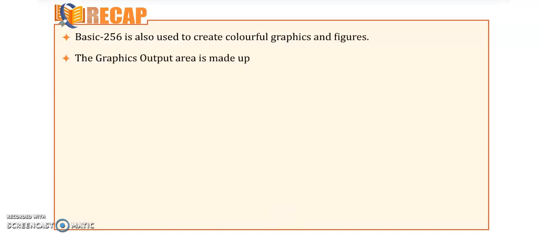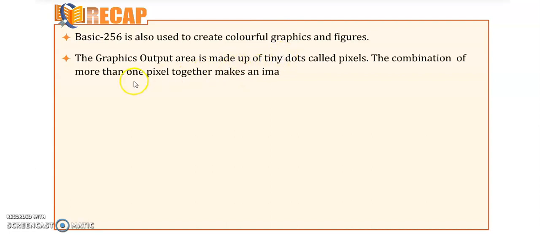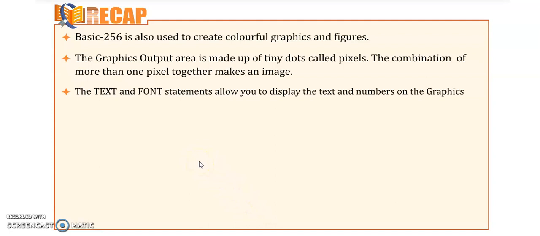So now we have done this chapter. Now we'll revise with recap points. BASIC-256 is also used to create colorful graphics and figures. Graphic output is made up of tiny dots called pixels. The combination of more than one pixel together makes an image. The text and font statements allow you to display text and numbers on the graphic output area.